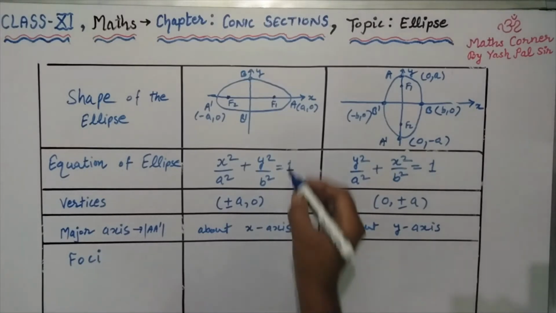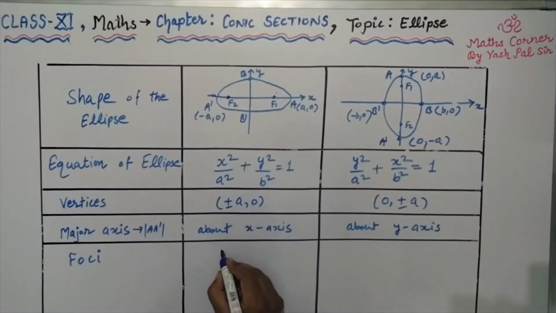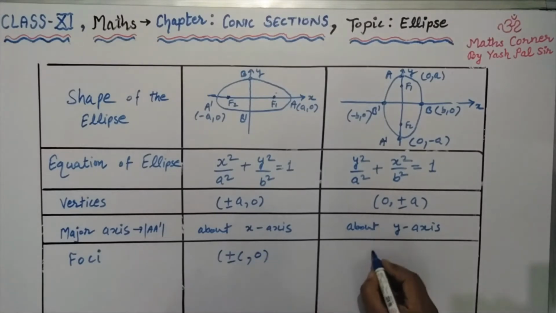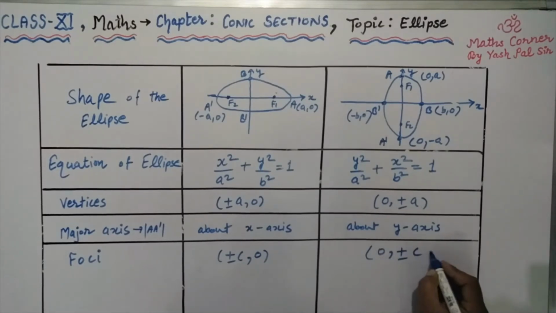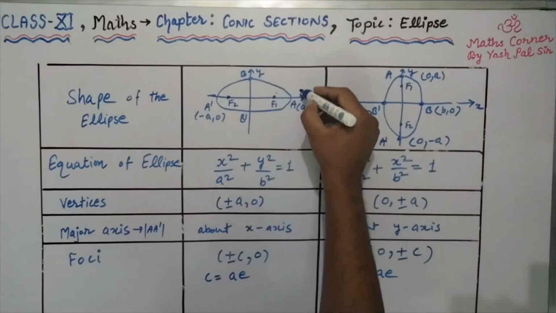If the coordinates of the foci we consider as plus minus c comma 0, then here in this case the coordinates of the foci are 0 comma plus minus c. Now what is this c? C is equal to AE. Here also C is equal to AE. E is called eccentricity.